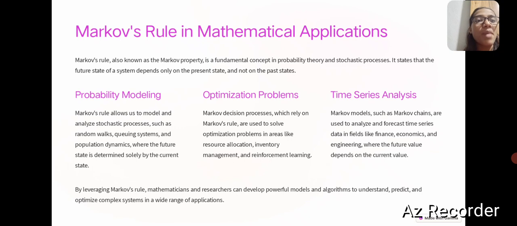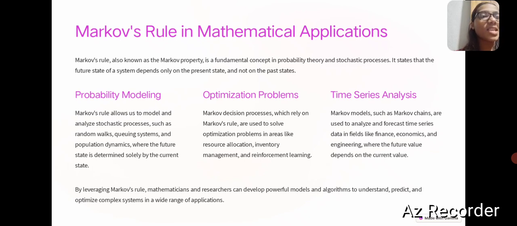Optimizing problems. Markov decision processes, which rely on Markov's rule, are used to solve optimizing problems in areas like resource allocation, inventory management, and reinforcement learning. Next is time series analysis.